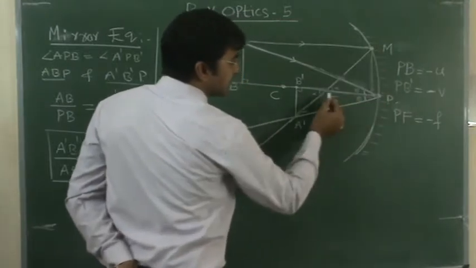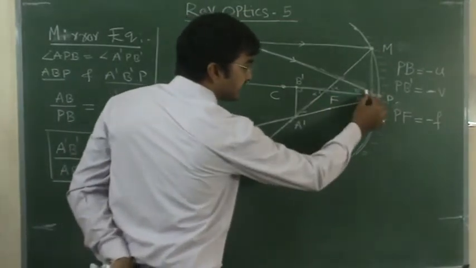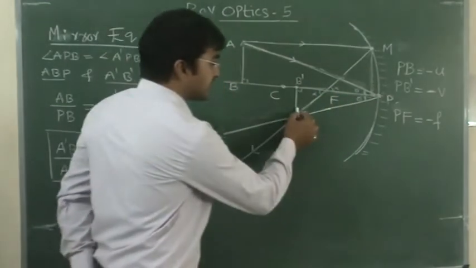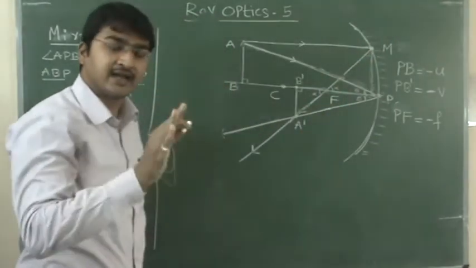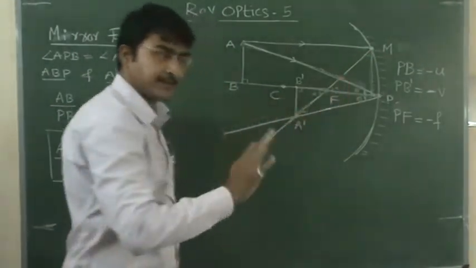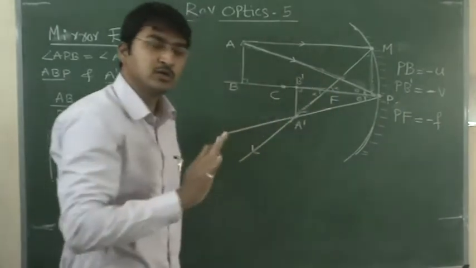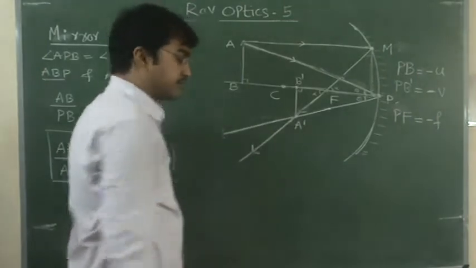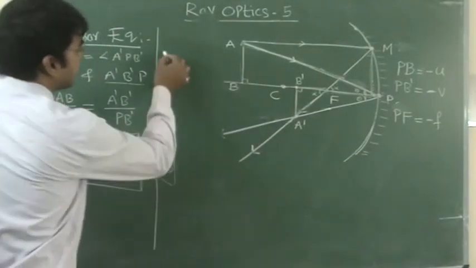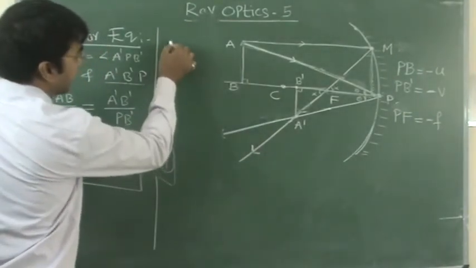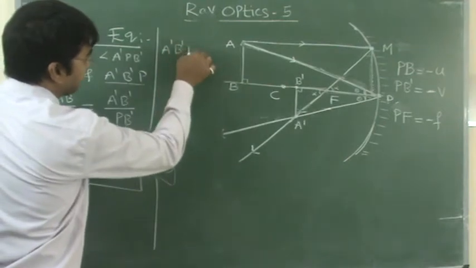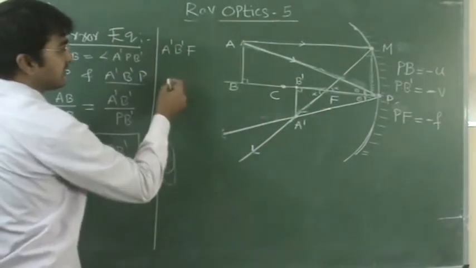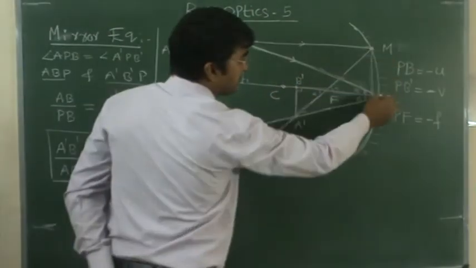This is a triangle, and here also one right angle. One right angle and alpha are also the same, so definitely the third angles are also the same. All three angles in these two triangles are the same, so we can say these are two similar triangles with different sides. So the triangles I am taking are A dash B dash F and MPF.